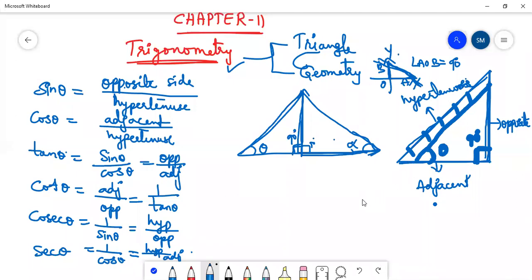Suppose a person paints a house. If the top area is to be painted using a ladder, that ladder makes a slant line to the base. Base means the earth, and the other side is called the wall.